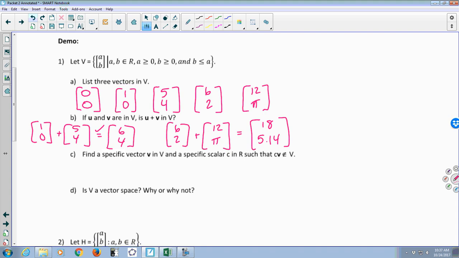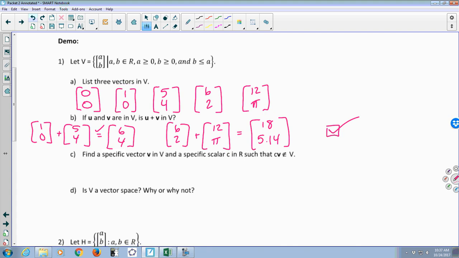Yes. We have not proven it by doing a couple of examples, but we've convinced ourselves this is always going to happen, because if both b's are smaller than both a's, then when you add them together, the sum is going to be smaller. So yes, if u and v are in the set and you add them together, you land back in the set.